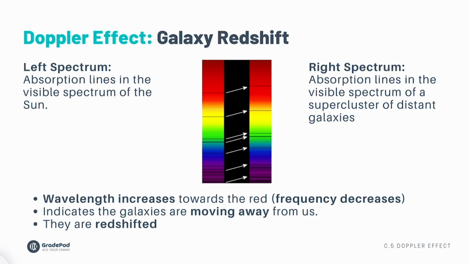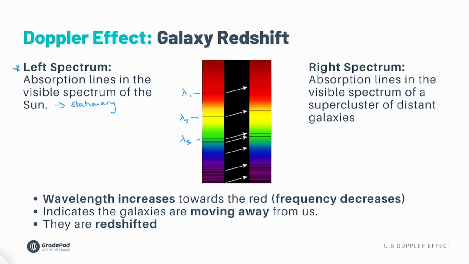If we look at the left spectrum, the spectrum on the left is the absorption lines in the visible spectrum of the Sun. And for the purposes of the universe, the Sun is stationary to us. So we're saying this is a stationary spectra relative to us. We can analyse that spectrum and find the wavelength of each of the lines in the emission spectrum.